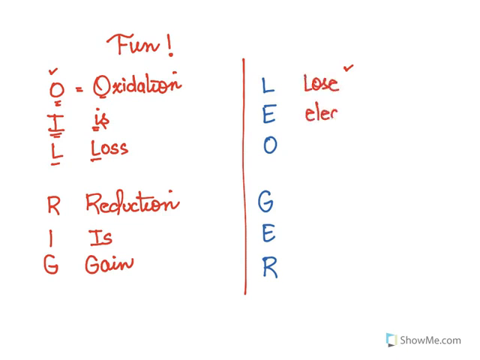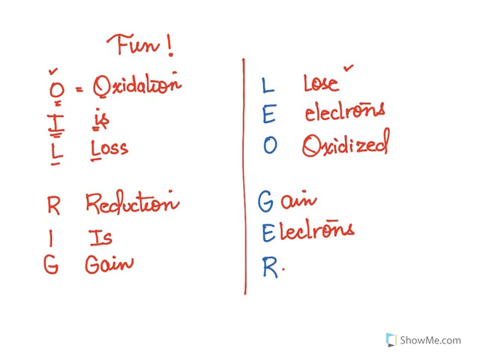Lose electrons, oxidized. Gain electrons, reduced. So this is something fun for you to remember for the definitions of oxidation and reduction, and think about if you can come up with your own mnemonic device for this.